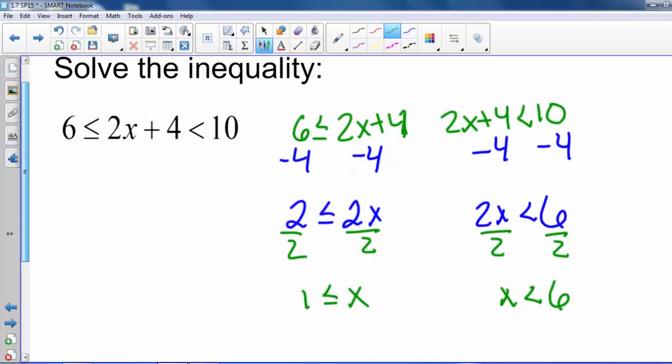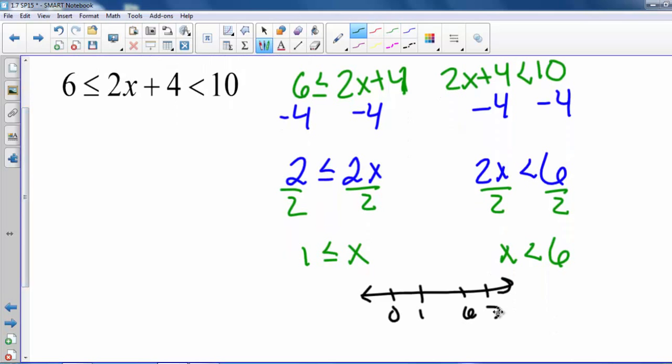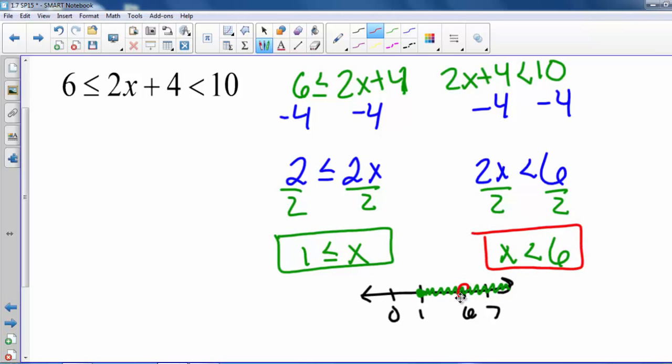So putting these on a number line. First, x is greater than or equal to 1, so we include 1 and everything above that. And x is less than 6, so that's an open circle at 6 and everything below that.